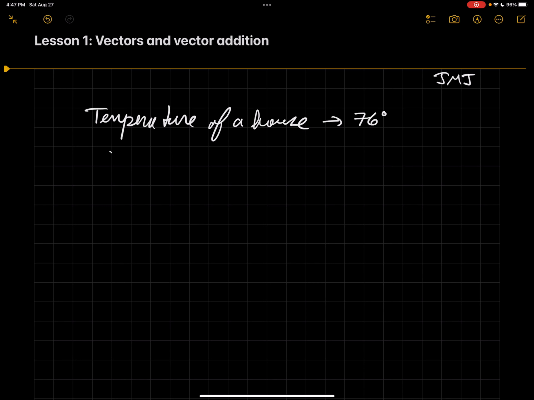Or you could describe the speed of a vehicle with one piece of information. You could say the speed of the vehicle is, say, 70 miles per hour, okay? There's only one piece of information that's being communicated in describing something like temperature or something like speed.